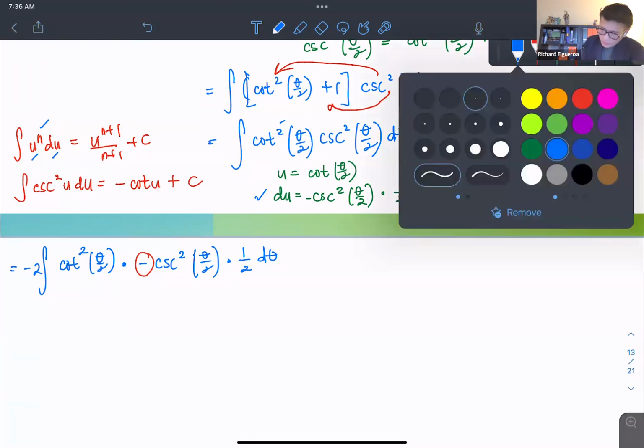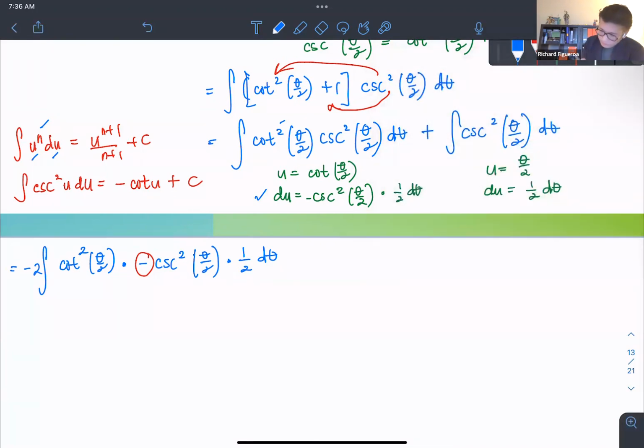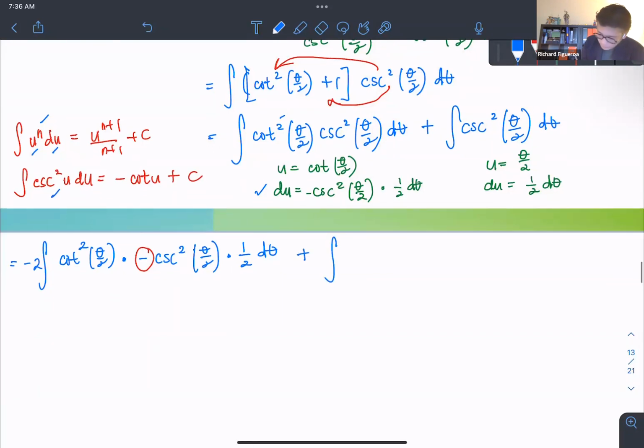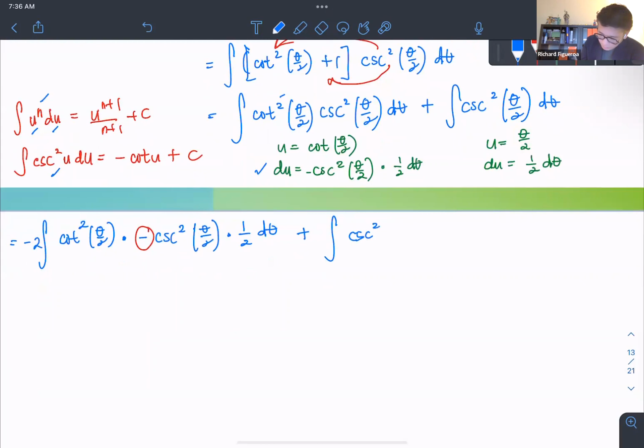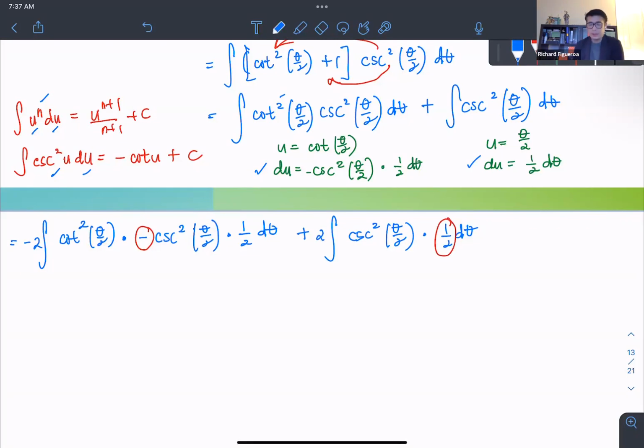And then for the second one, we have plus the integral of cosecant squared. Our u is theta all over 2 du. So this is our du, multiplied with 1/2 d theta. But then, what is in excess? This 1/2. So to neutralize that, we multiply it by 2. So 2 times 1/2 is 1.